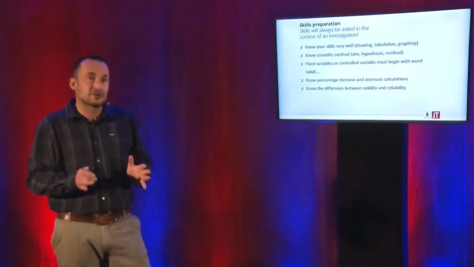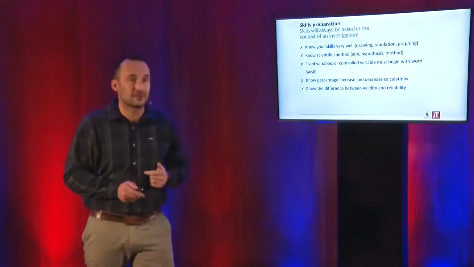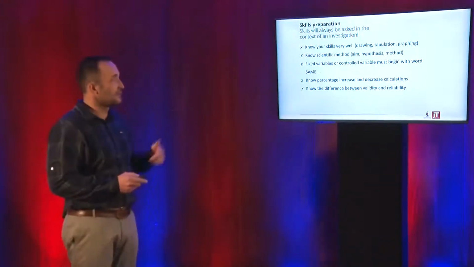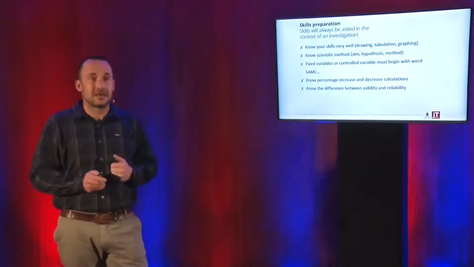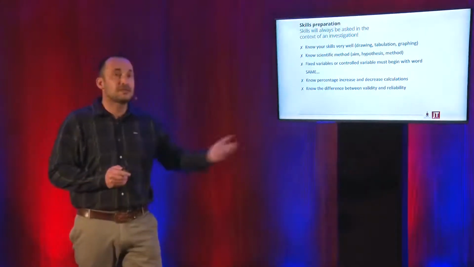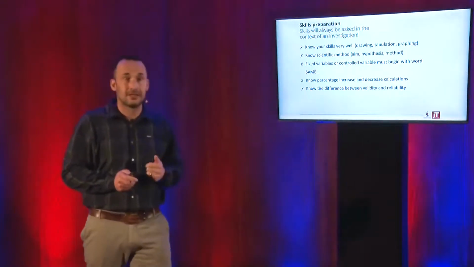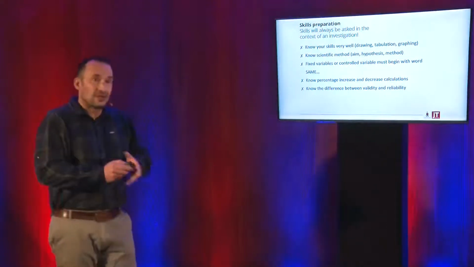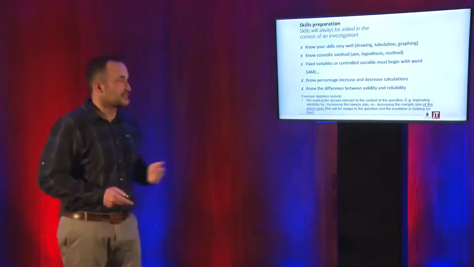Validity being focused on the variables that need to be fixed so as not to impact on the results, and reliability looking at, well, in this investigation, are we going to repeat the investigation to make sure that our results are reliable, and then also looking to increase the sample size when it comes to the investigation itself.